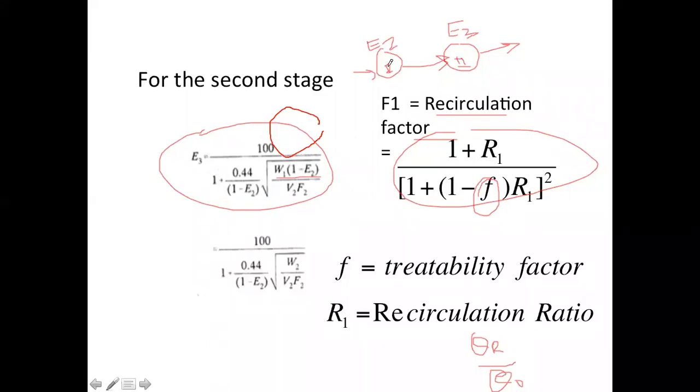That will be obtained because suppose here the BOD is 130 and some 50% treatment has been done here. Because of 50% treatment, the BOD will decrease to 65 milligram per liter. So the second stage trickling filter will treat only this 65 milligram per liter of BOD loading.